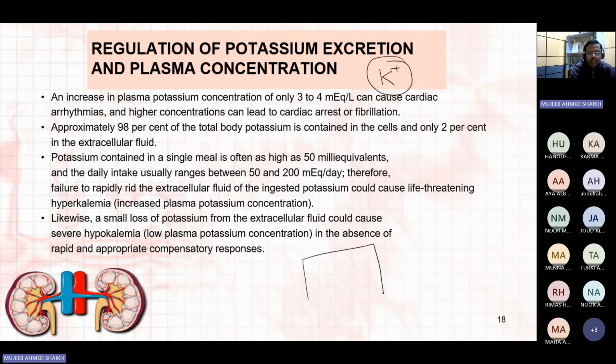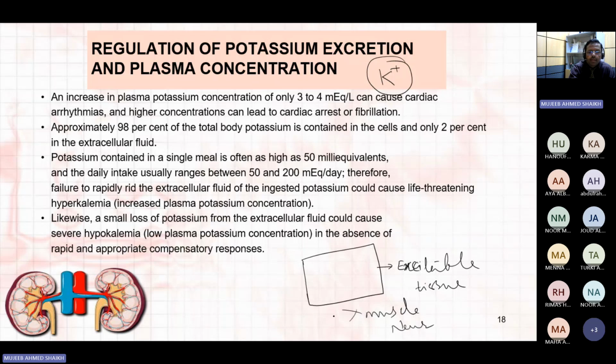So potassium is the one which decides the excitability of the excitable tissue, any excitable tissue. Which excitable cells? Maybe a muscle or maybe a neuron.